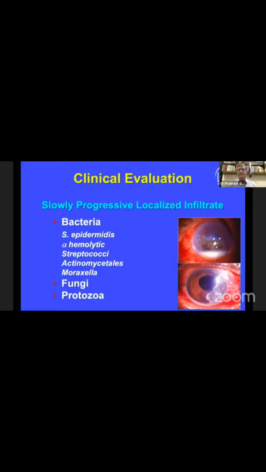So if somebody asks you that there is a bacterial infection and you find that the course is a slowly progressive disease, you can think about nocardia, atypical mycobacteria, moraxella, or staph epidermidis. They are the more common causes of a slowly progressive bacterial keratitis. Otherwise, close to about 80% of the time, this kind of a clinical picture is suggestive of fungal or parasitic infection.